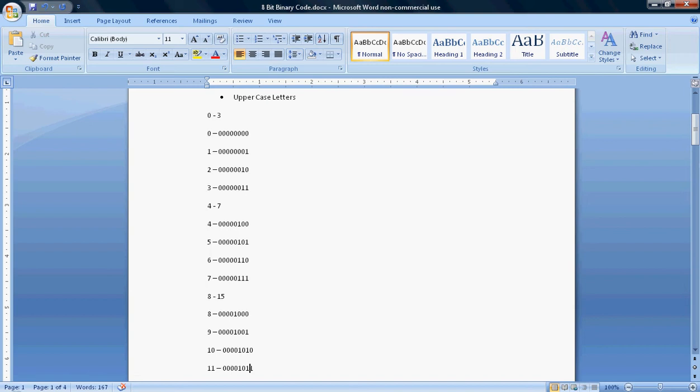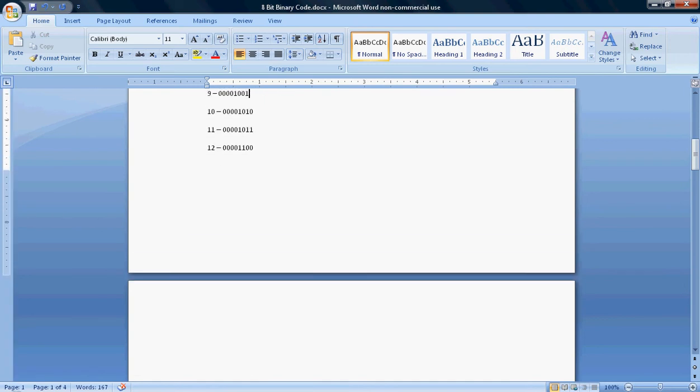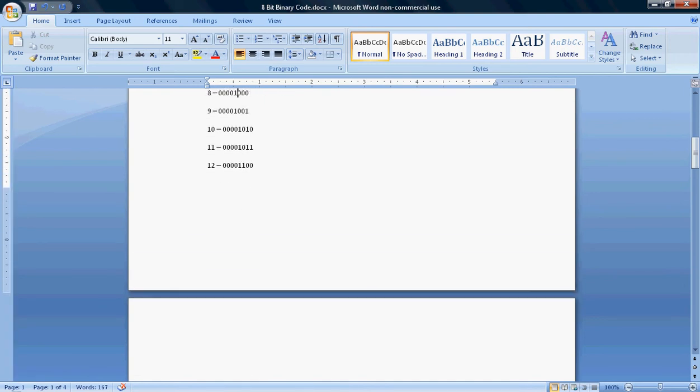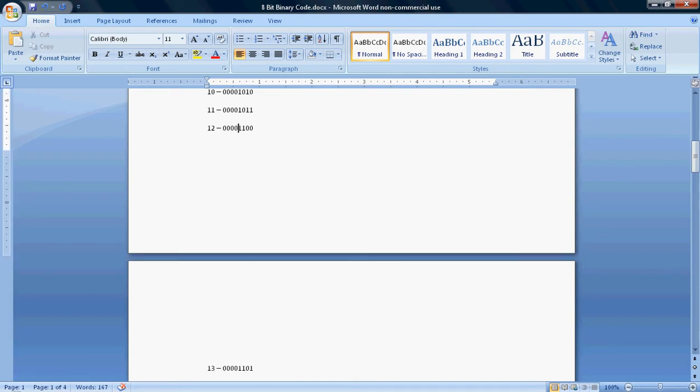8 is right here, like I said earlier, so 8 and then it's 0, 0, 0. See how that works? Then 8 is what that 1 represents, and then just add the 1 on, so 8 plus 1 equals 9, 8 plus 2 equals 10, 8 plus 2 plus 1 equals 11, and 8 plus 4 equals 12.